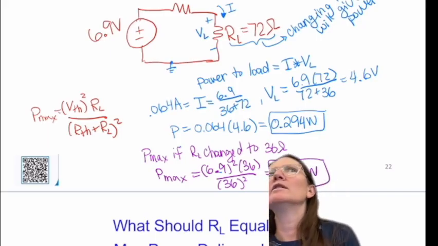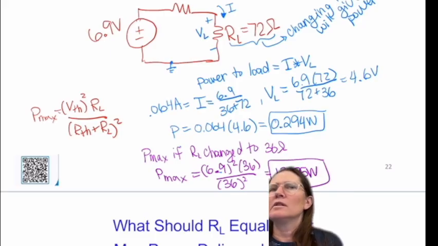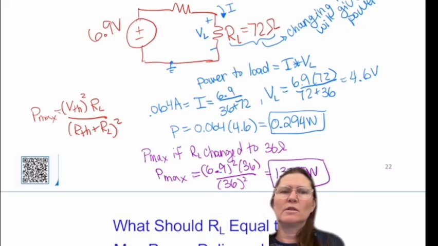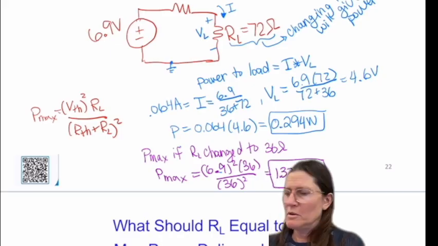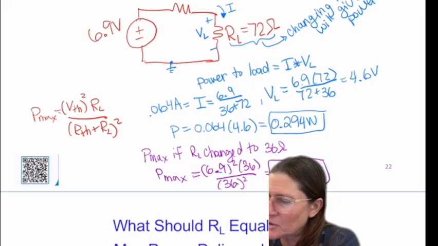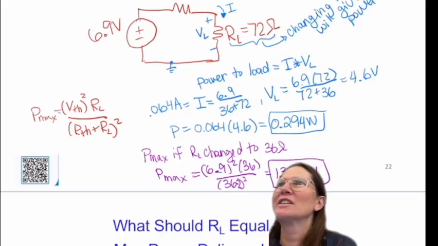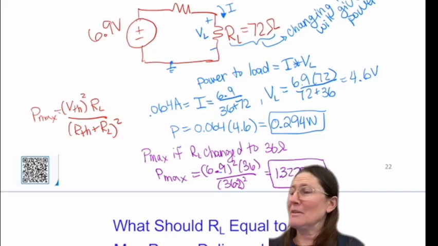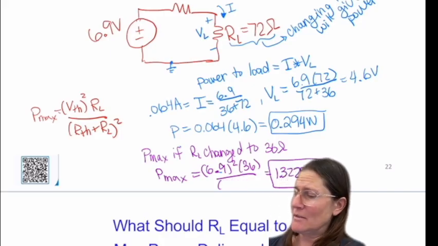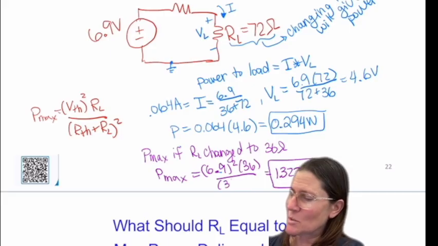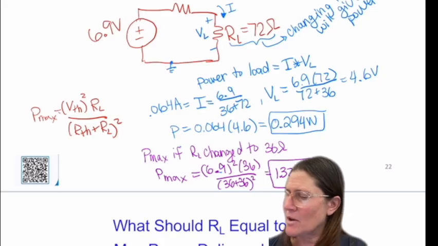How come RTH plus RL is 36? Where did RTH go in the Pmax equation? Sorry, times 2. I just forgot to write the 2 in there. I'll rewrite it, it's hard to read that. 36 plus 36 squared. Oh wait, did I?